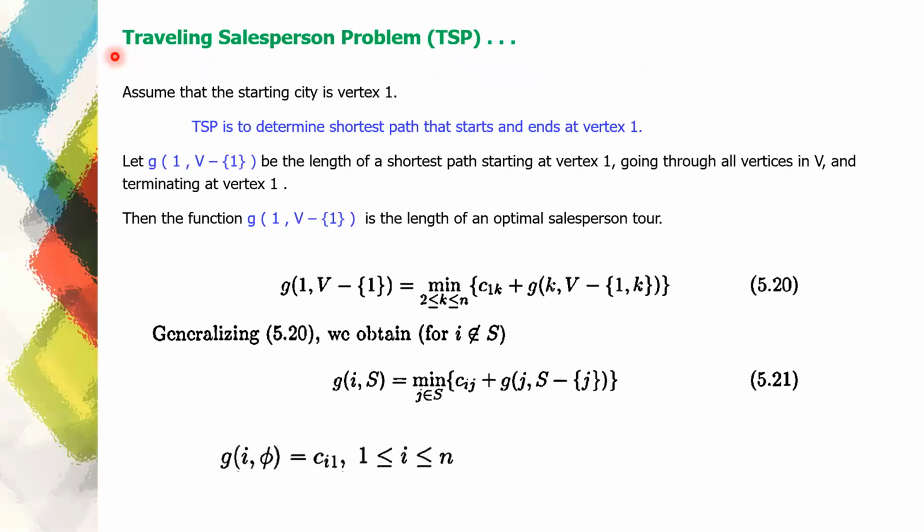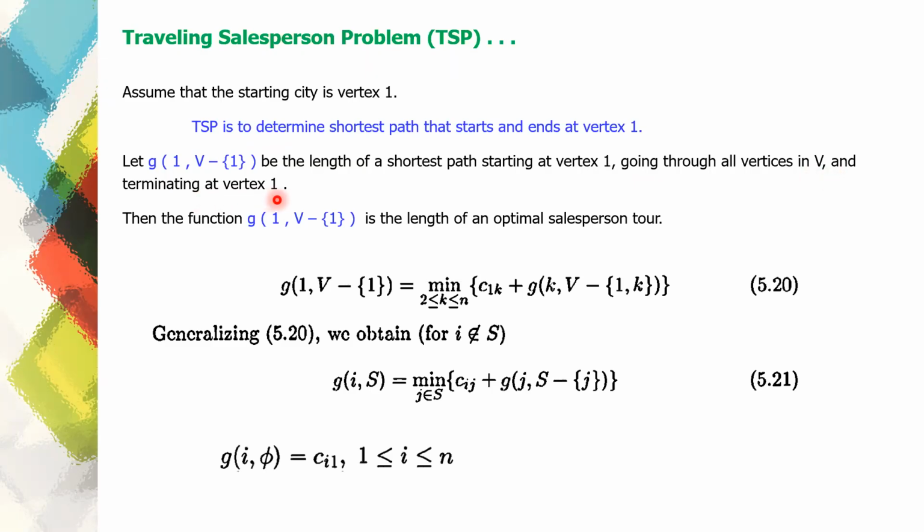Now, the cost function G will give you the length of the shortest path starting from vertex number 1, going through all the remaining vertices in the graph, and returning to vertex number 1.